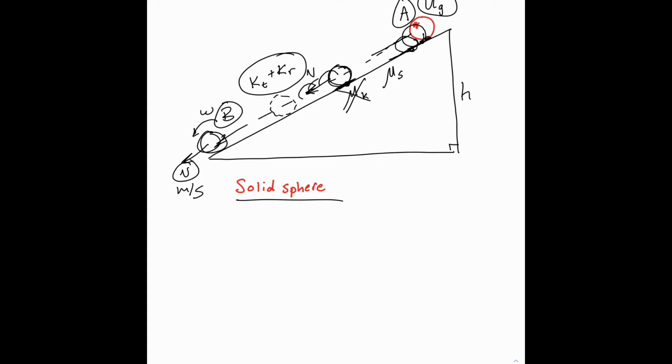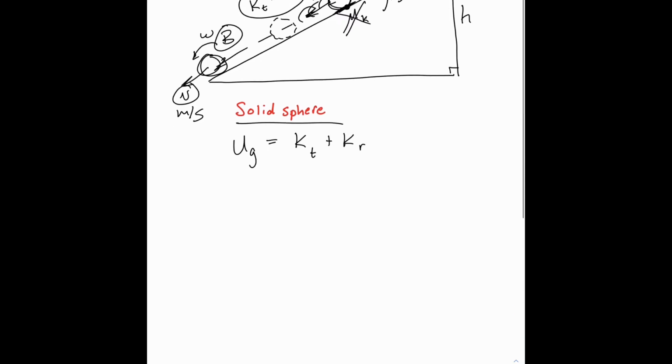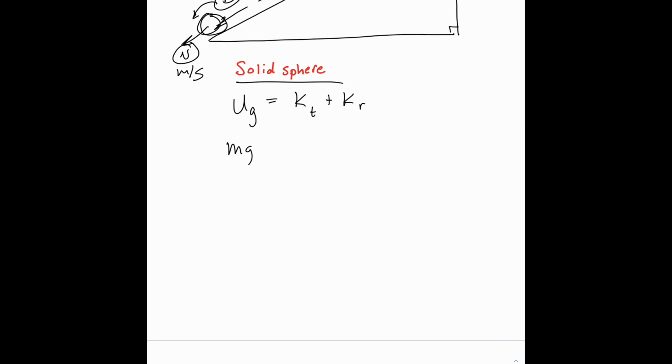So, conservation of mechanical energy says that the loss of gravitational potential energy results in the increase in both the translational and rotational kinetic energy for our solid sphere. mgh equals 1/2 mv squared plus 1/2 I omega squared.